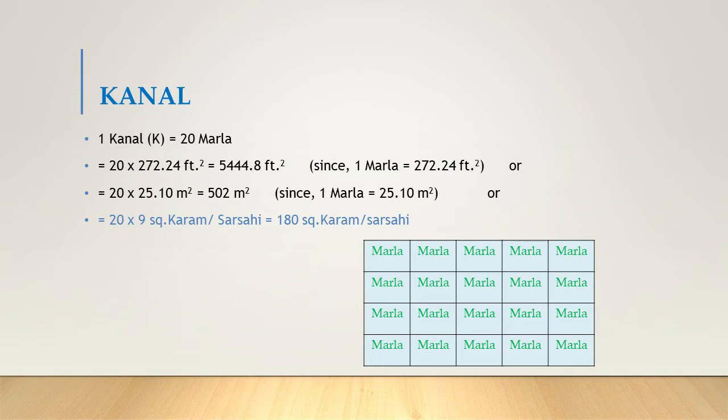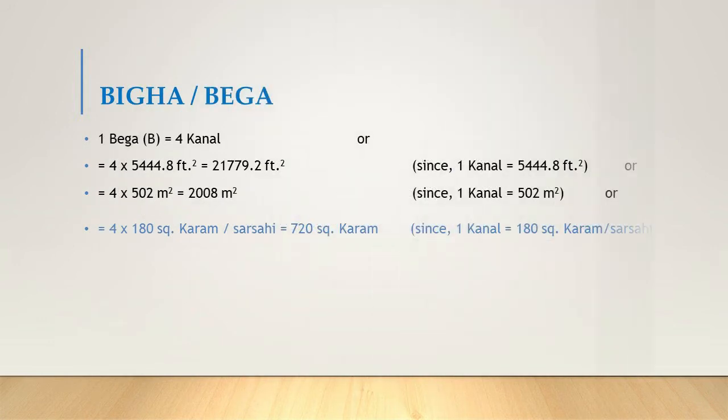We multiply 20 by 272.24 square feet, and then we have the measurement of 1 canal in square feet, that is equal to 5444.8 square feet, or similarly in meters it will be equal to 502 square meters. And if we want to know how many sarsahis are there in a canal, that will be 180 square karam or sarsahis.